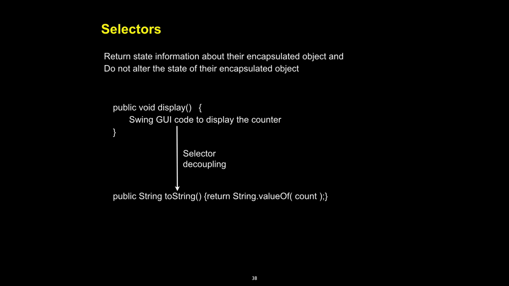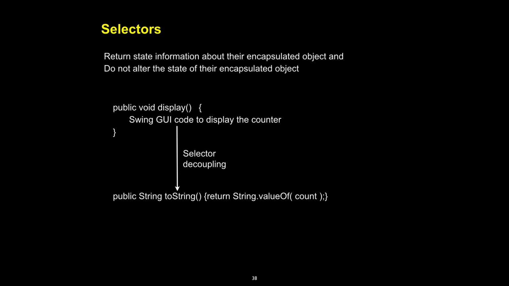Selectors, well, we had an example of this, right? In assignment 1, I asked you to print things out. And so what you had was a print method, or display method, in your priority queue. And the problem with that is it now couples that class to a particular output device, right?